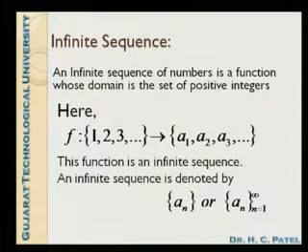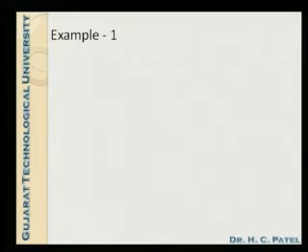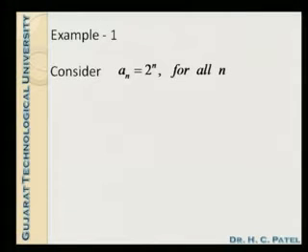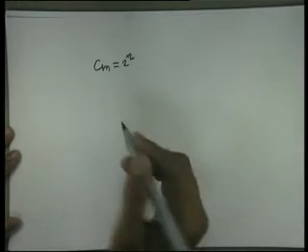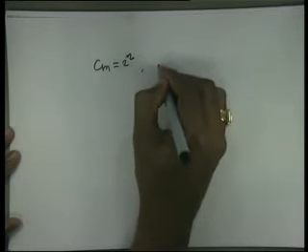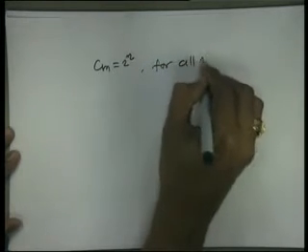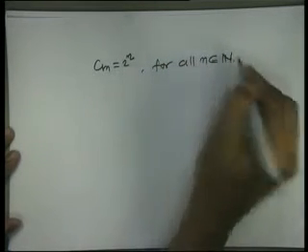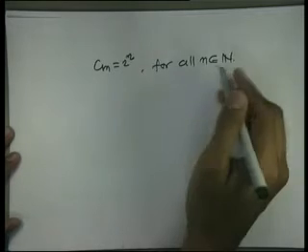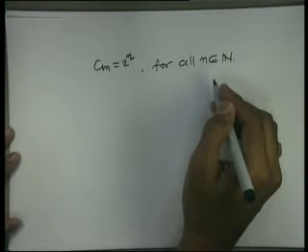Next, here we will see example 1. The nth term is denoted as an is equal to 2 raised to n for all n belongs to N. This set N is the domain of the function or sequence.